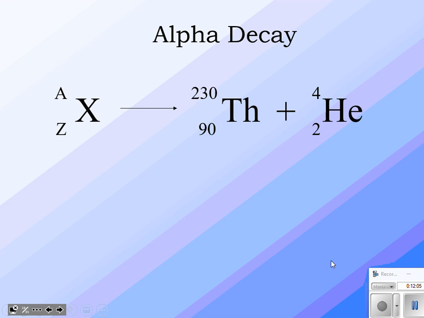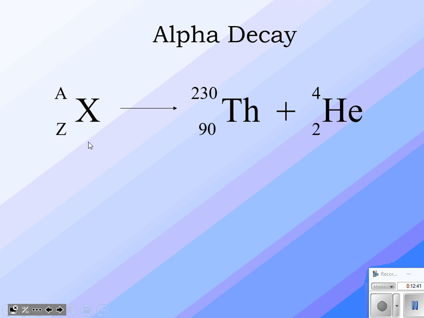Here's another one. Go on the other way. Now I have the more stable element. How am I going to get X here? Add 2 to the Z. If I add 2 to the Z, it gives me what number? 92. And what's element number 92? Uranium.